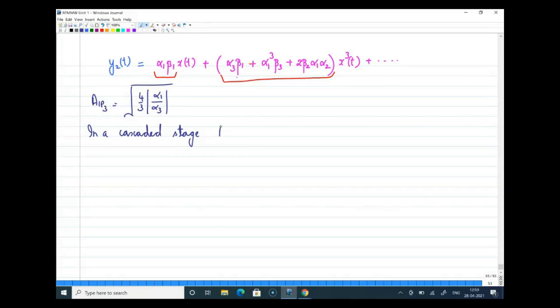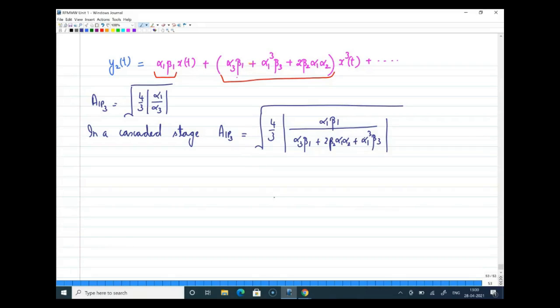So if I write in a cascaded stage, I can write AIP3 as under root of the same 4 by 3. In place of alpha 1, I have to take the coefficient of x of t, which is alpha 1 into beta 1, divided by, in place of alpha 3, I should take the third order term, which is alpha 3 beta 1 plus 2 beta 2 alpha 1 alpha 2 plus alpha 1 cube into beta 3.